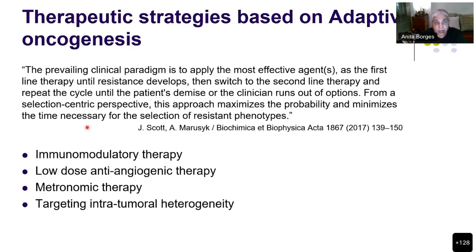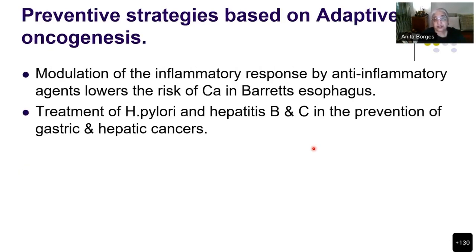So now there is a lot of attention to what we're calling metronomic therapy, low-dose anti-angiogenic therapy, immunomodulatory therapy, and targeting individual environmental and cellular components of the tumor. What are the preventive strategies?